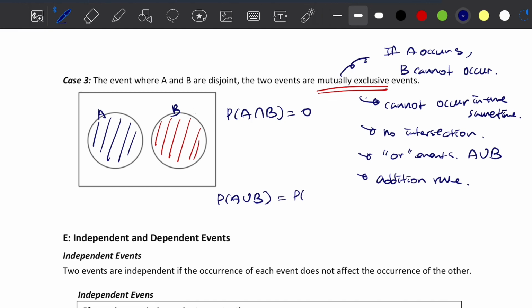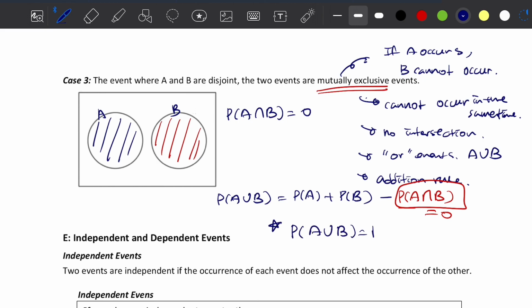However, it is equal to P of A plus P of B only, because we know that P of A intersection B is equal to 0, right? So to calculate the P of A union B for mutually exclusive events, we use P of A union B equals P of A plus P of B. Okay?